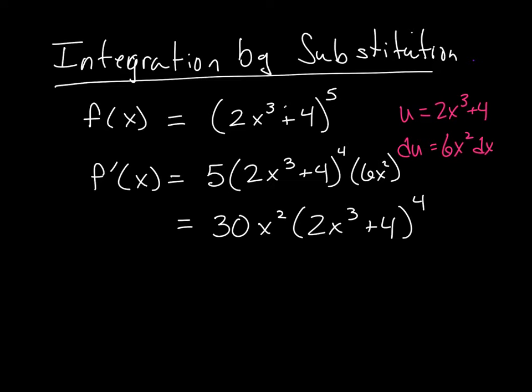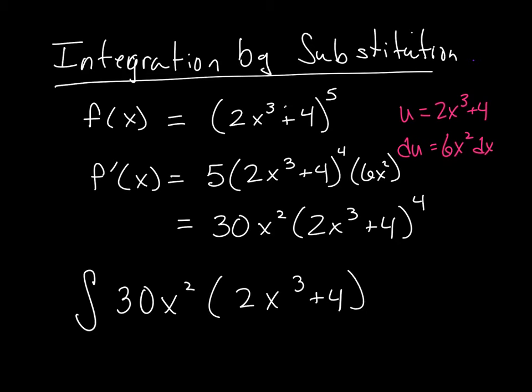So integration is just what? Integration is the antiderivative, meaning going backwards. So in order to take the integral of 30x squared times 2x to the third plus 4 to the fourth power dx, what should I get?